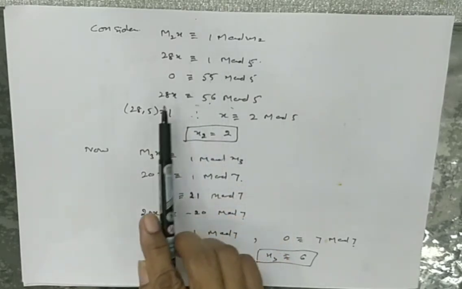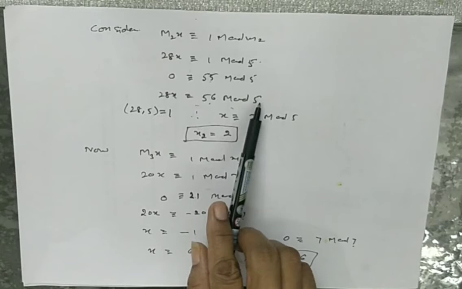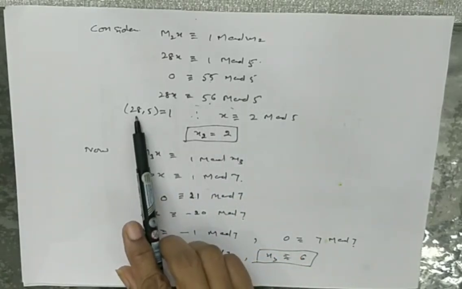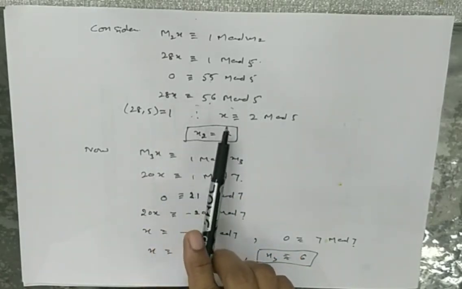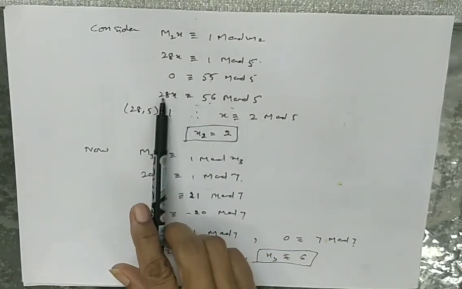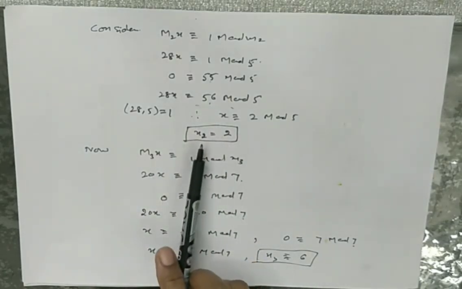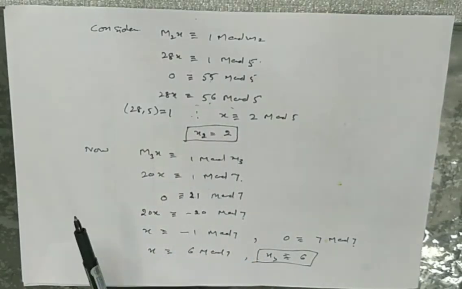So adding these two we get 28x is congruent to 56 modulo 5. Since again 28 and 5 are co-prime, therefore x is congruent to 2 modulo 5, because 28 will cancel from here. So the solution of the second congruence will be x2 is equal to 2.